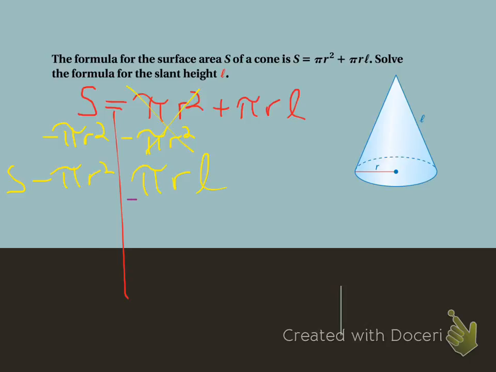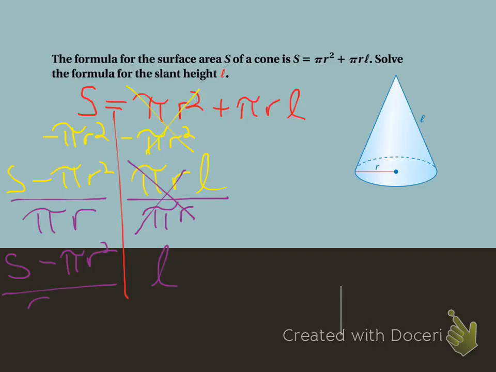Now you're going to divide by the pi and the r to get rid of them. So you will have the slant height is equal to the surface area minus pi r squared, divided by pi r.